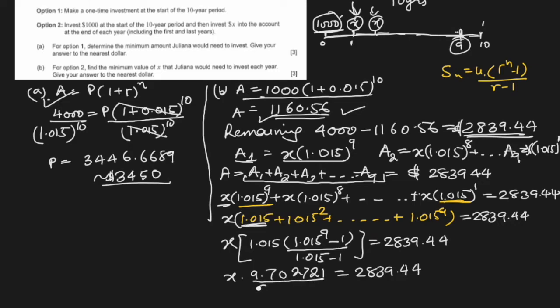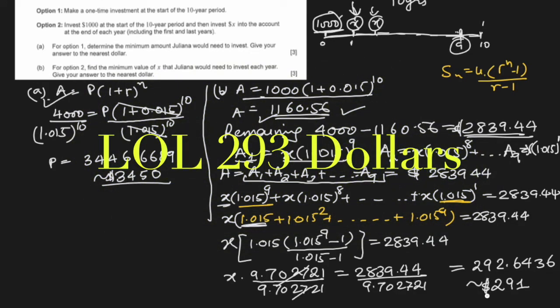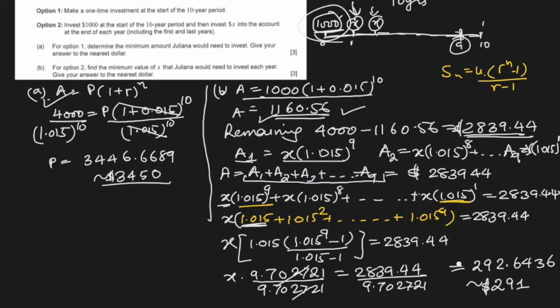So divide both sides by the same number so that this cancels. 9.702721, and the X value comes out to be 292.6436, and let's round it off to $291 every year. Besides this $1,000, she has to invest $291 at the end of every year, starting from the end of the first year, and she will get about $4,000 at the end of 10 years.